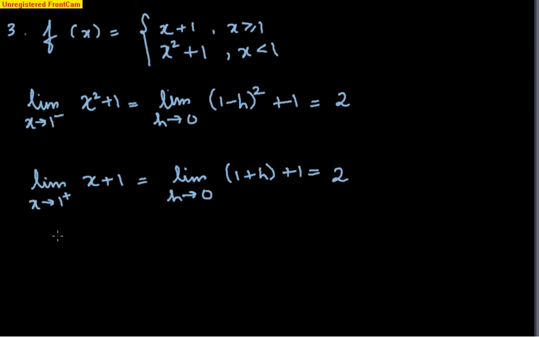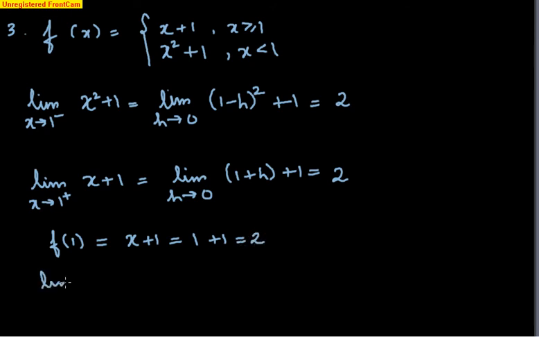Now because here we have x equal to 1, we find out f of 1. The function is x plus 1. I put the value of x as 1 and I get 1 plus 1 as 2.